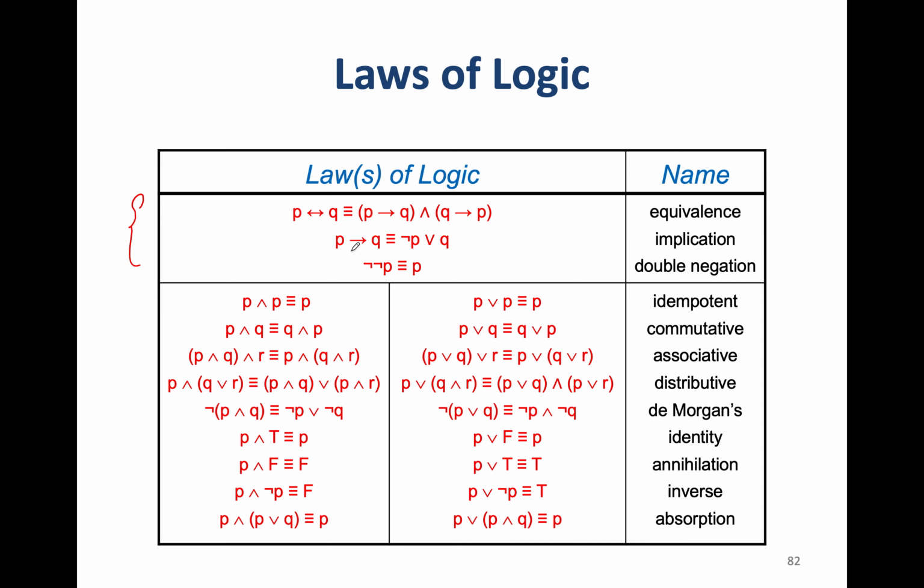Implication: if we've got if then, this is logically equivalent to not P or Q. Double negation is equal to the proposition itself. If you remember, those laws are pretty similar to the laws of sets. So here we've got commutative, associative, distributive, De Morgan's law, identity, annihilation, inverse, and absorption.